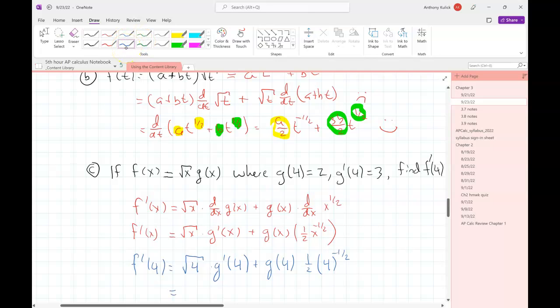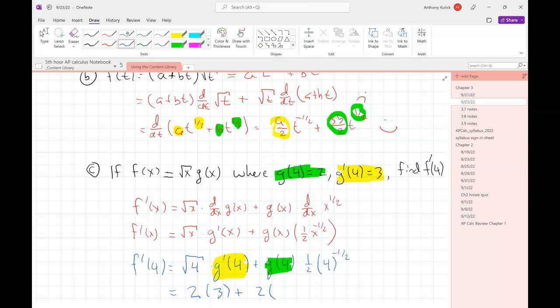Now the square root of 4 is 2. I'm told in the problem that g prime of 4 was 3. I'm told g of 4 is 2. And now I just have to do 1/2 times 4 to the negative 1/2. What's 4 to the 1/2? 2. Okay, so what's 4 to the negative 1/2? 1/2.